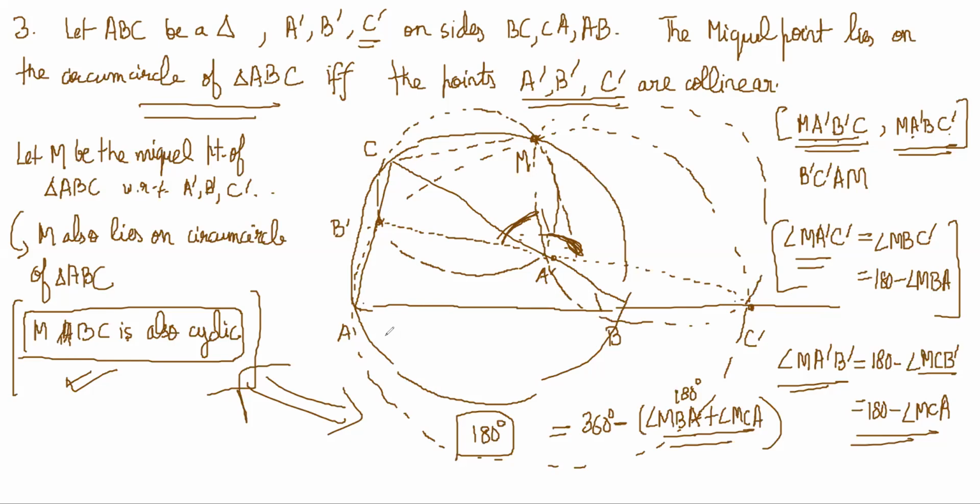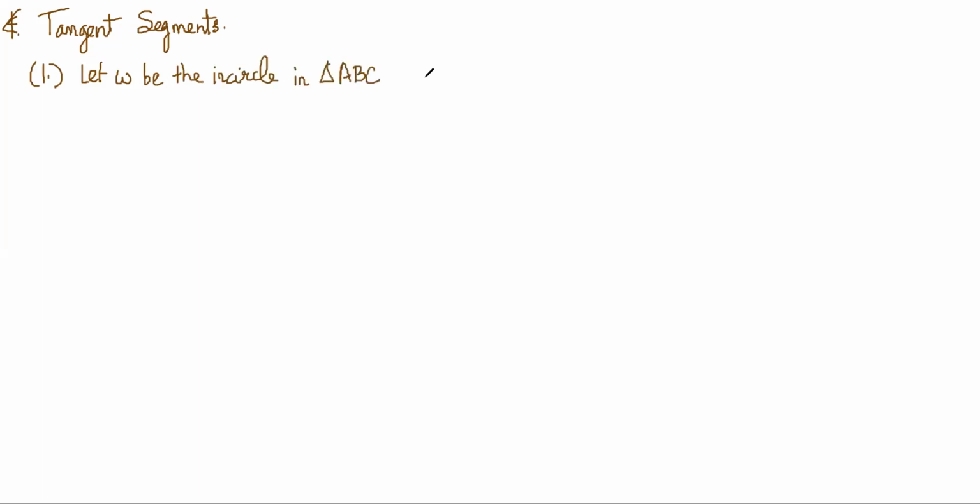So next what we want to do is some basic results on tangent segments. Fourth one is tangent segments. So let's see what we mean here. Fourth result is, there's a part one to it. Let W be the incircle in triangle ABC.